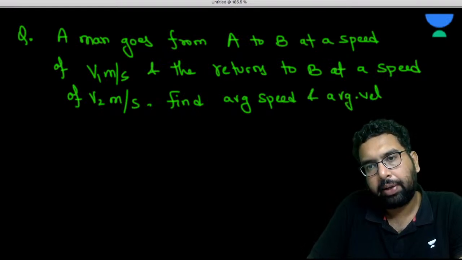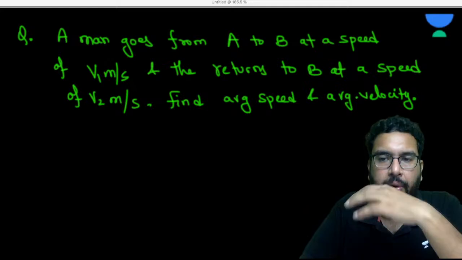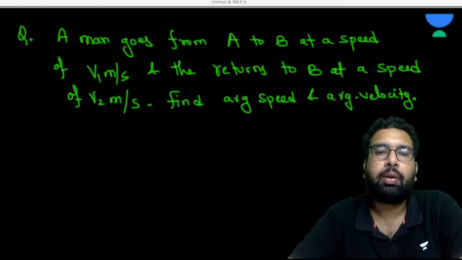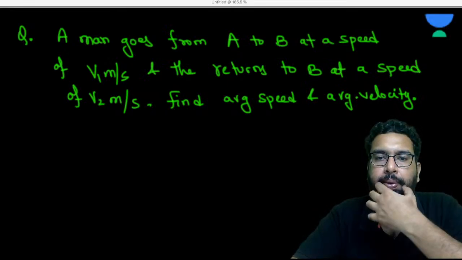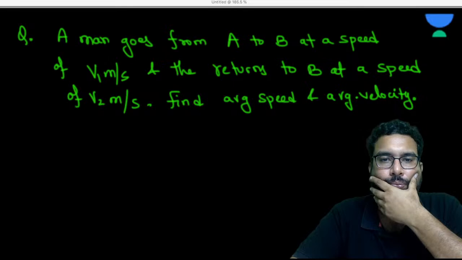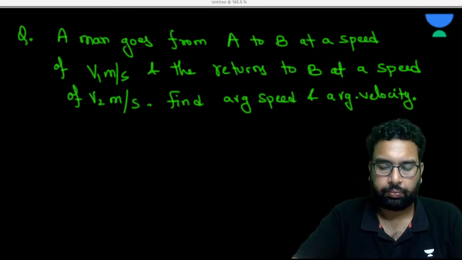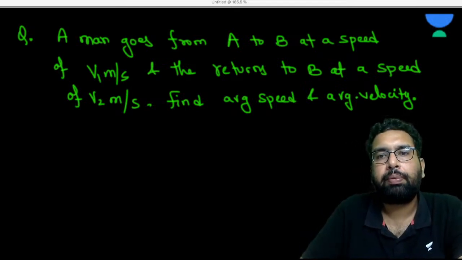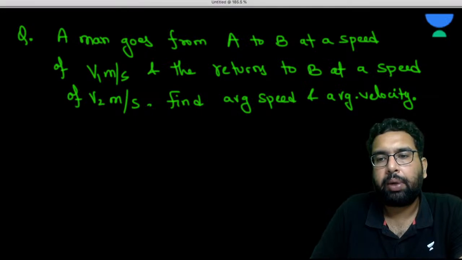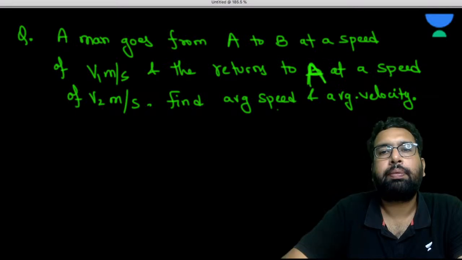Now let's try this one. Try to solve it, and also we must try to solve it quickly. We must not take much time in this. Please go for it. Return to A, sorry, return to A, not B. Yeah, please try.